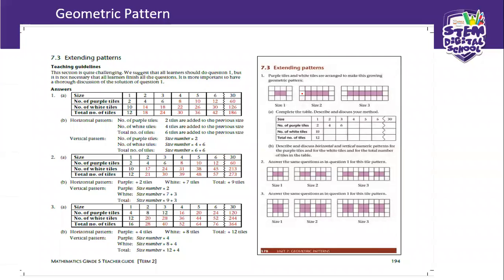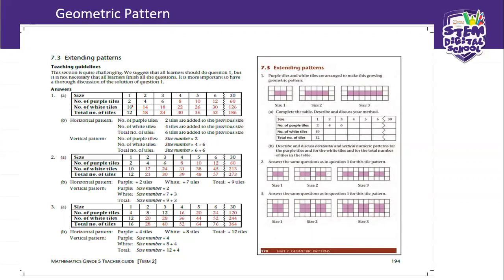And the difference between the white blocks from size 1 to size 2 is what? 4. So it increased by 4. And the total amount, if you add 4 plus 14, is 18. Looking at the total amount, starting from size 1, it added by 6.